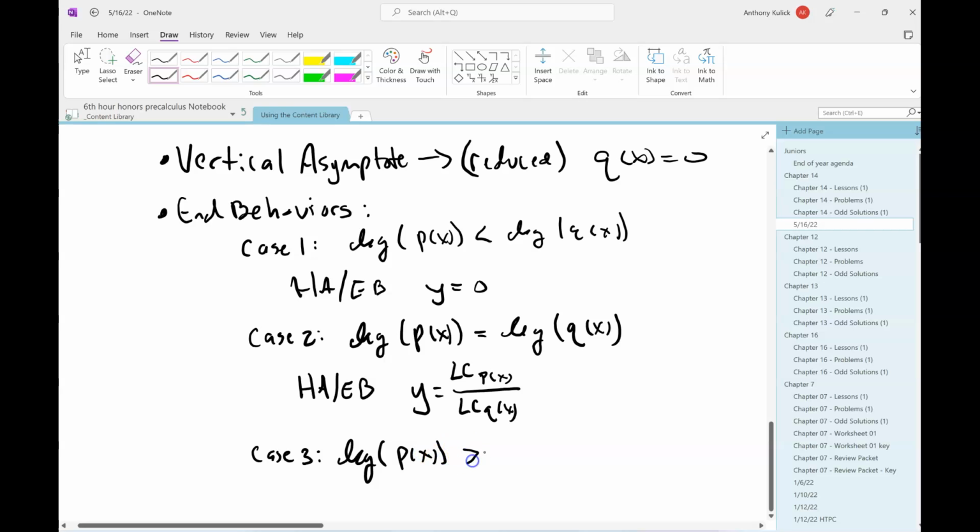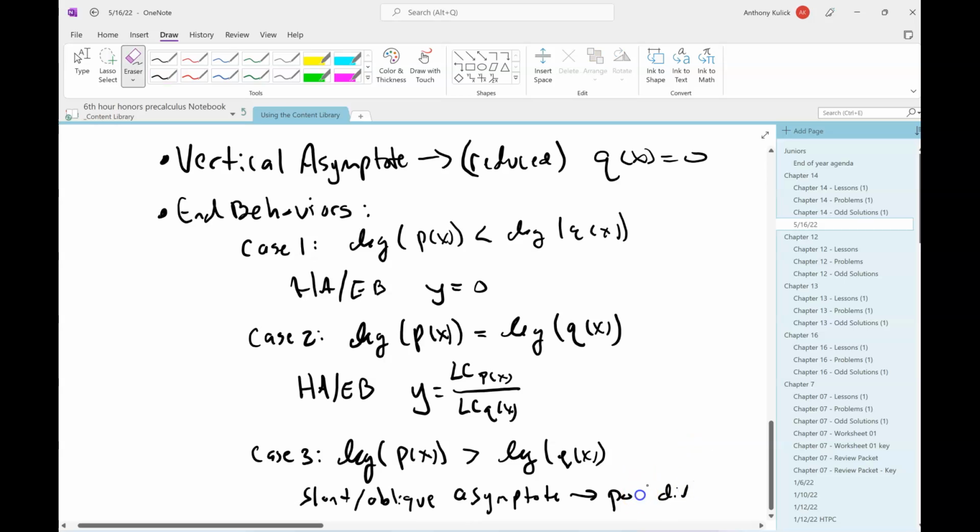And then the last case is where the degree of the numerator is bigger than the degree of the denominator. This means you're going to have a slant or oblique asymptote. Those two terms get used interchangeably. And we're going to find that using polynomial division. We'll do an example where we remind you how to find that.